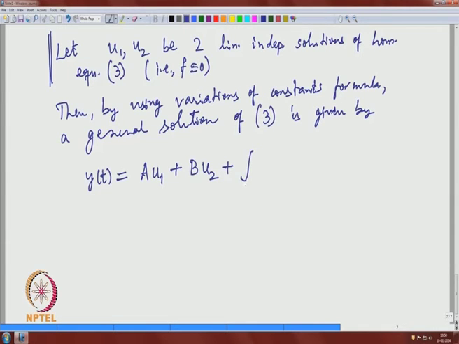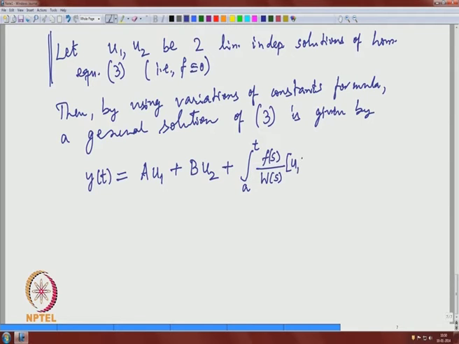So, this is integral a to t, f s over W s, bit complicated, but straightforward.